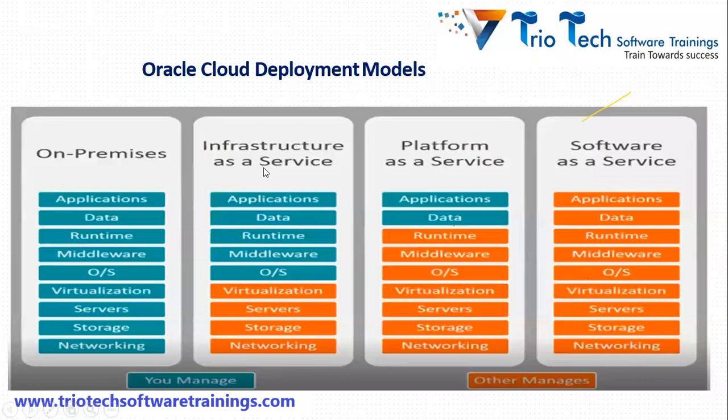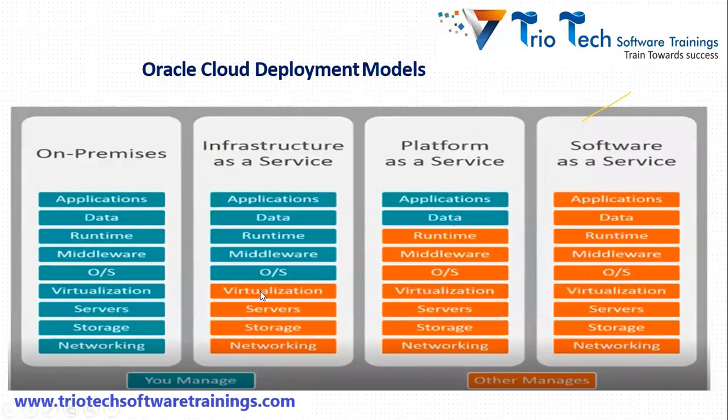Now, infrastructure as a service was also used in the initial stages, but mostly now you will see these two, platform as a service and software as a service. Just to have an understanding of infrastructure as a service: the application, data, runtime, middleware, and operating systems would be managed by the client who is purchasing the applications or Oracle services.